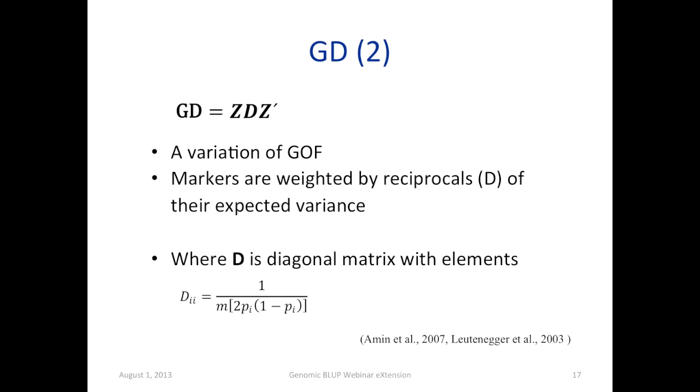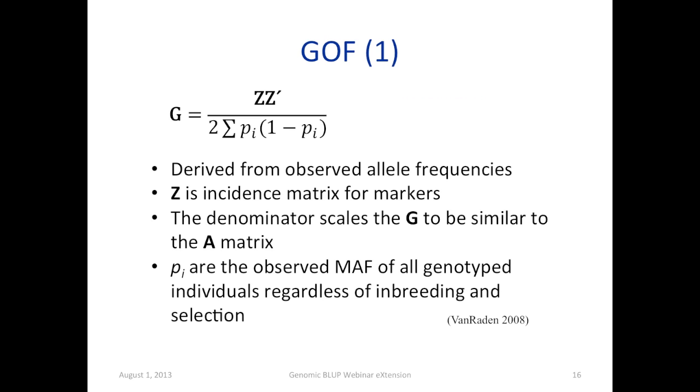So D is a diagonal matrix. In the diagonal, we have the elements of the markers' expected variance. So between 1 and 2, the difference is weighting the ZZ prime.